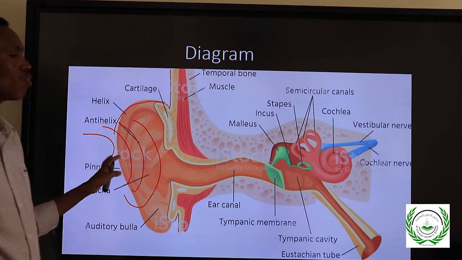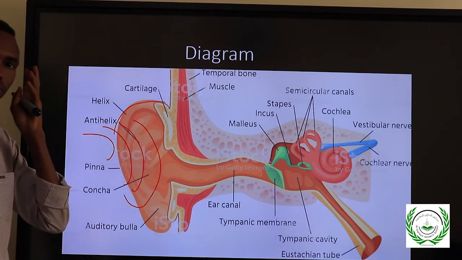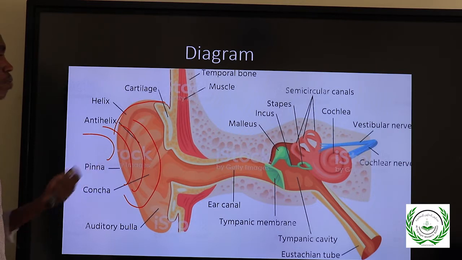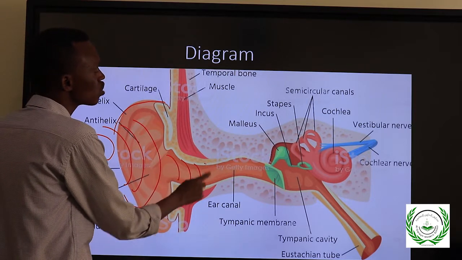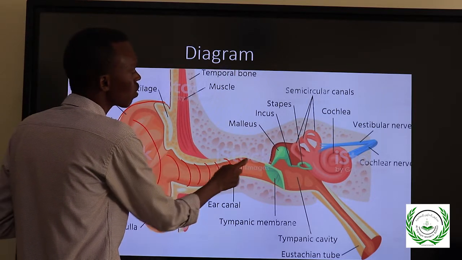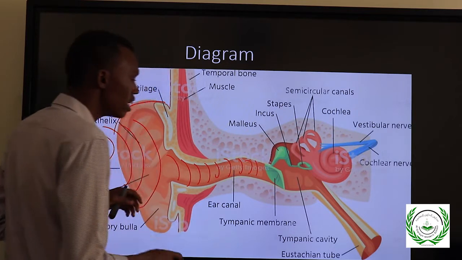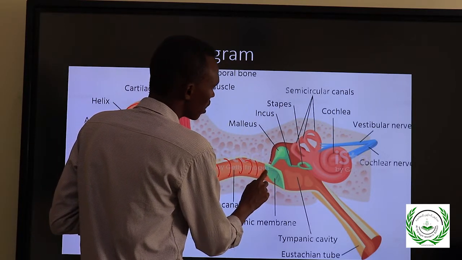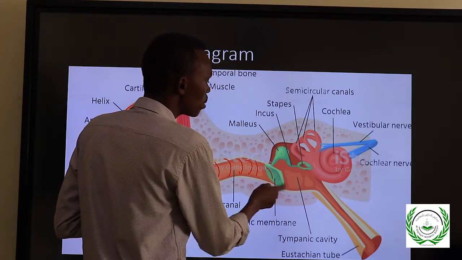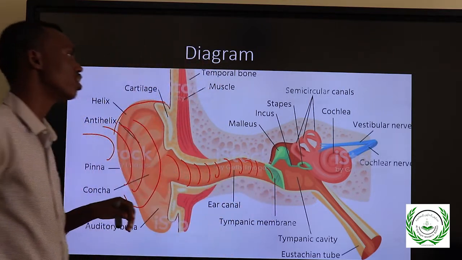So when sound waves enter the outer ear, it directs the sound waves to go through this canal, and finally they hit the tympanic membrane. The tympanic membrane is also known as the eardrum.